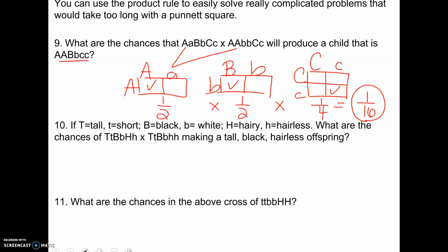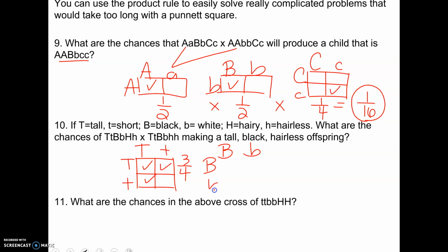Let's try the second one. So we cross our T's. The chance of tall is 3/4. We cross our B's. The chance of black is also 3/4.